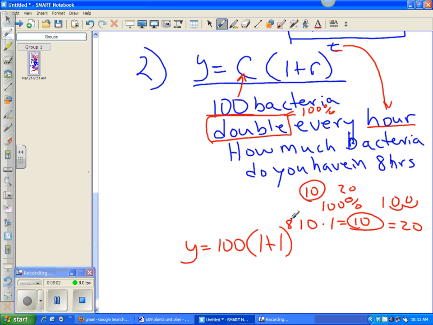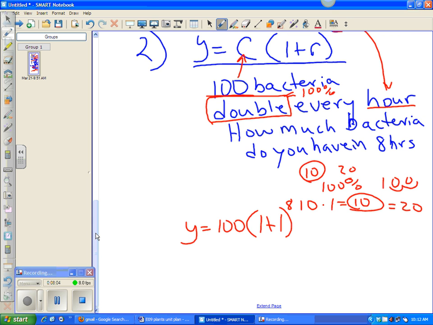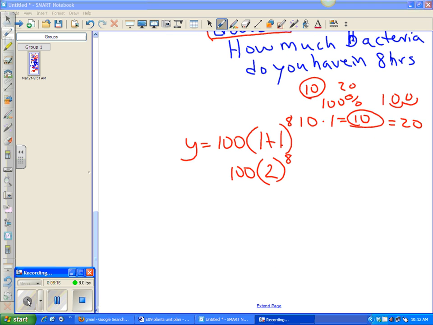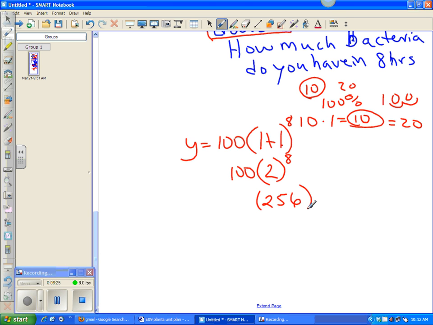I'm going to work step by step. Remember, this is the best way to show your work, so I can find your mistakes on the tests. It becomes 100 times 2, because 1 plus 1 is 2, raised to the 8th power, and 2 raised to the 8th power, because we're doing PEMDAS, parentheses next, is 256 times 100.